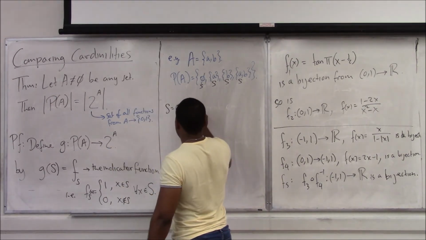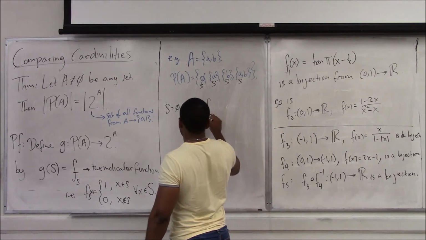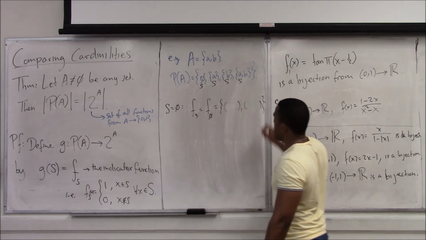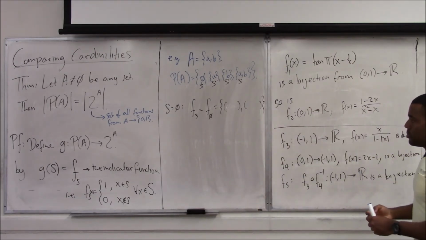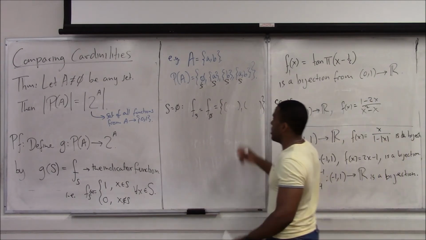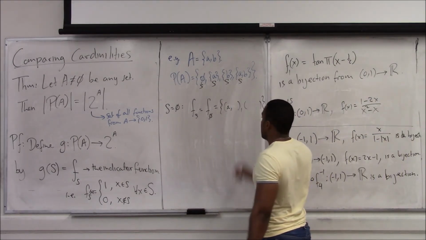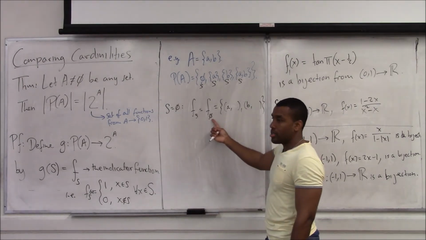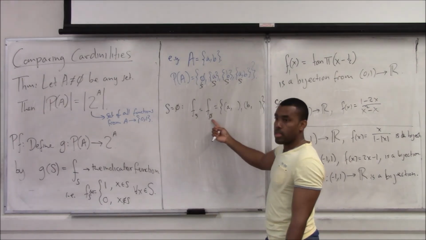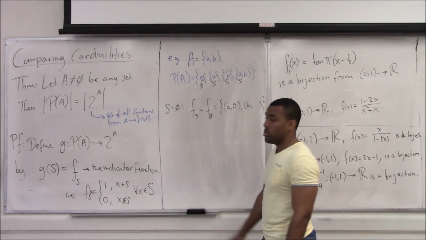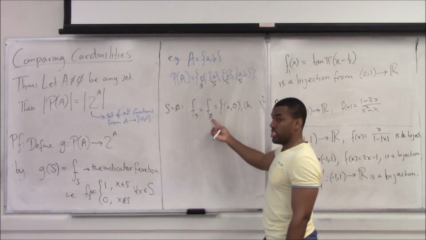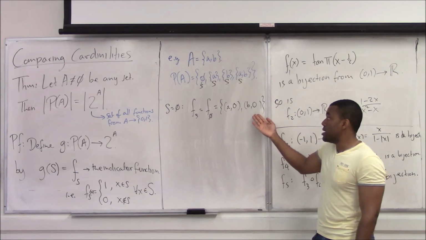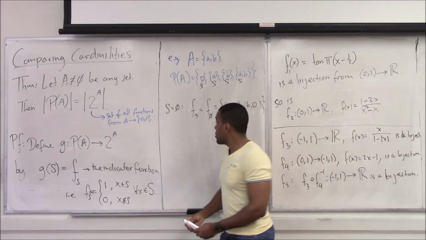So F sub S is really just F sub the empty set. Now what does that function do? It looks at the elements A and B and decides, is A in this subset or not? Is A in the empty set? The answer is no, so it outputs 0. Is B in the empty set? No, output 0. And that is one possible function that goes from {A, B} to the set {0, 1}.